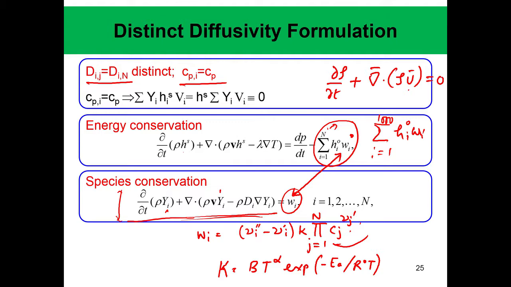If you have 1000 species, of course due to mass conservation, because the summation of Yi will be equal to 1, you need to solve for one less equation.